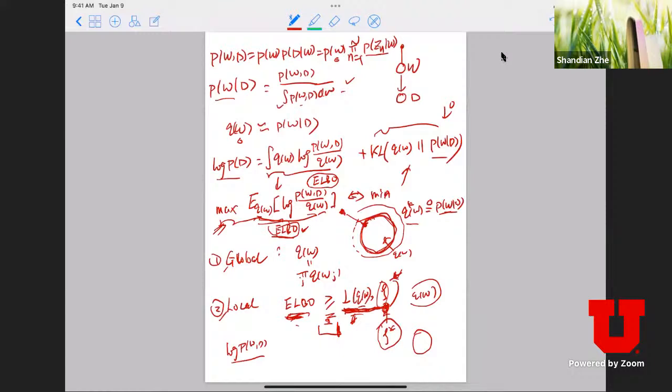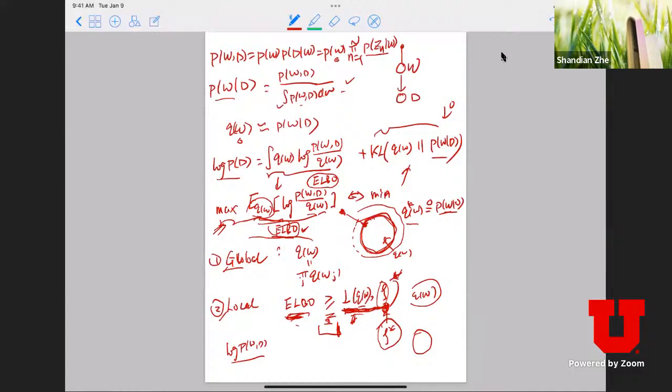Nowadays, it is more common to use global. The reason is because the development of optimization techniques makes it feasible to optimize this ELBO. You can assume Q of W is quite complicated, like a mixture of Gaussians or even Q of W parameterized by a neural network. It's okay.